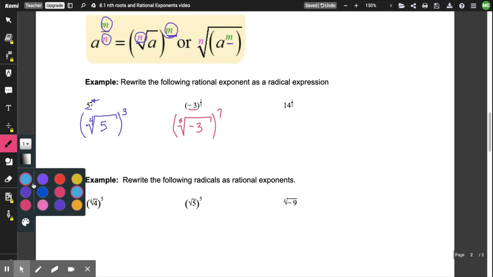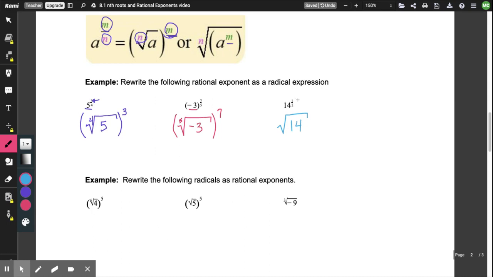And that last one there, the 14 to the 1/2 power. Again, the exponent is a fraction. So that means I can write it as a radical. So I'm going to go ahead and put my radical there. The base is the radicand. The top number is the exponent.